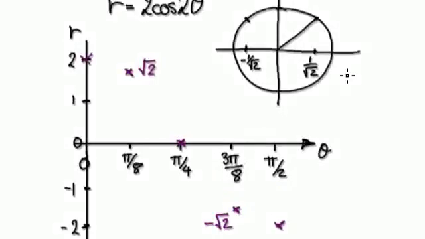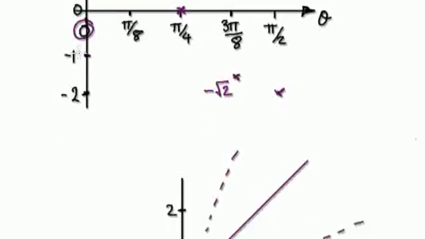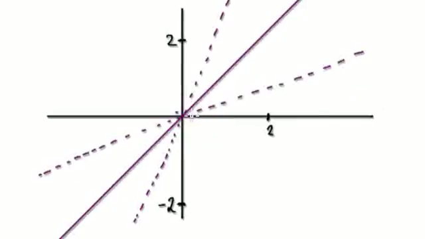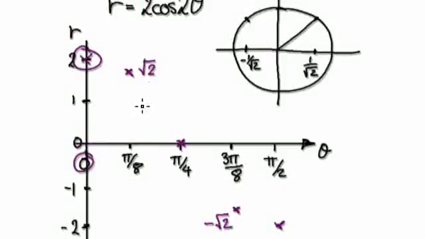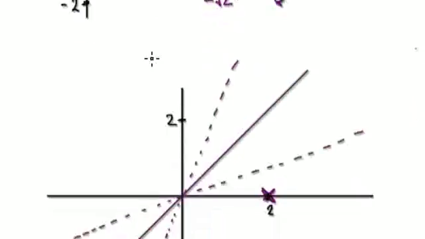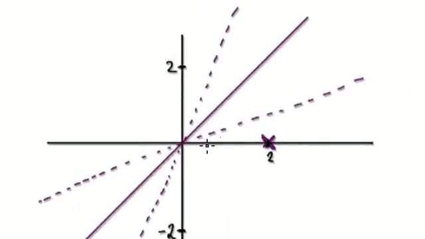When theta is 0, theta 0 is along here, and the radius will be 2, so it's going to be right here. Going back up, when it's pi over 8, the radius will be positive root 2, so somewhere around here.